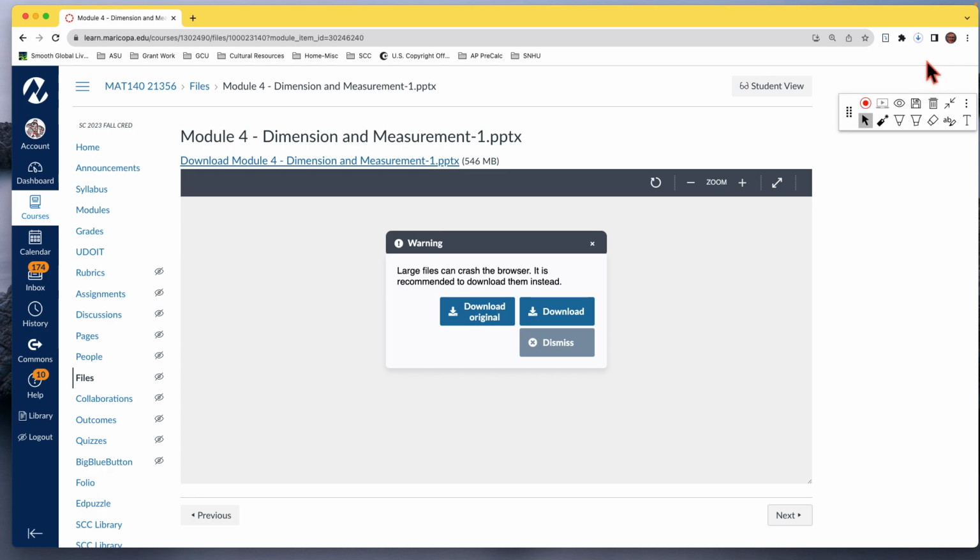What's it doing? Wow, it's a big file. Oh, I think I've got videos in here. That's what's going. Okay, it's coming. But I got two going now, so.